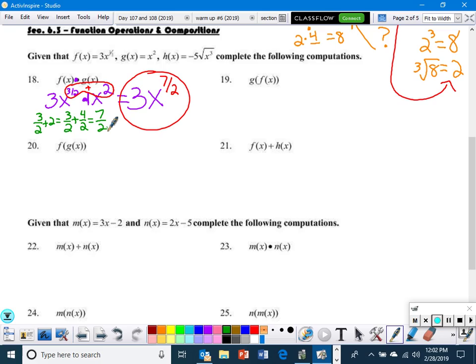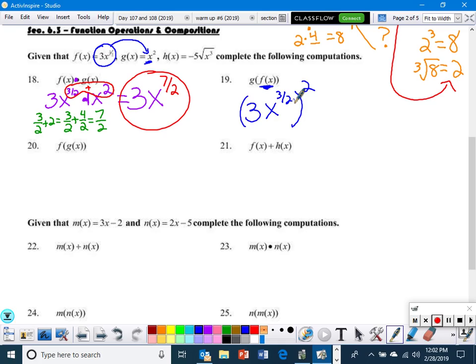Okay, number 19, we are going to plug the f of x into the g of x. So the f of x is going to get plugged into the g of x. So we are going to replace the x with, all right, so I replace the x with 3x to the 3/2 power.